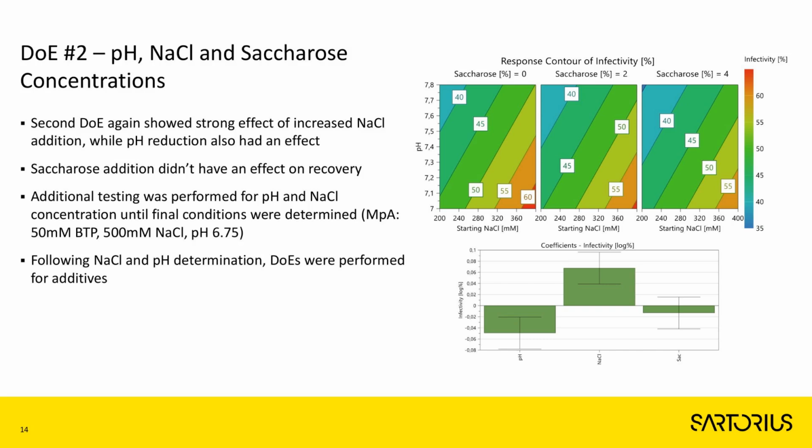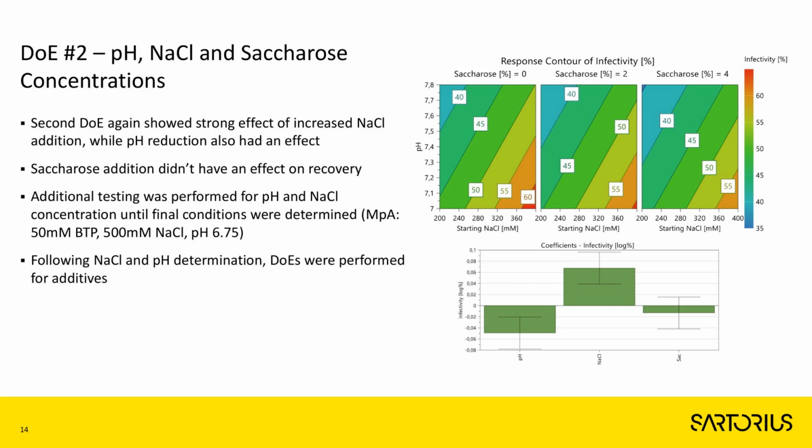So if we look at the results from the second DOE at the bottom right, we can see that the NaCl concentration was again a very important, significant factor when determining the downstream process recovery. But this time, the pH was also a significant factor. While the saccharose, on the other hand, again, didn't seem to have a significant effect on the downstream process recovery.